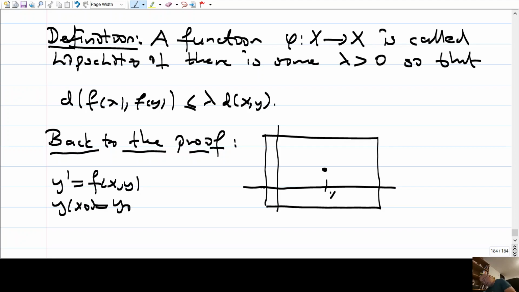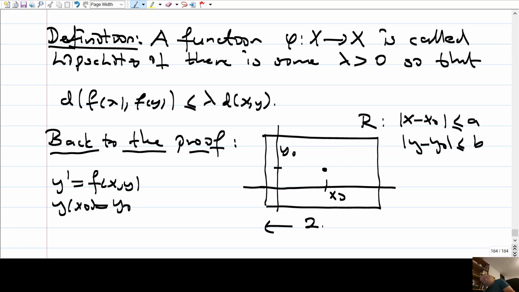And here is x0, y0, and this is our rectangle, defined by |x minus x0| less than a, |y minus y0| less than b. So this side is just 2a, and this side is 2b, right?